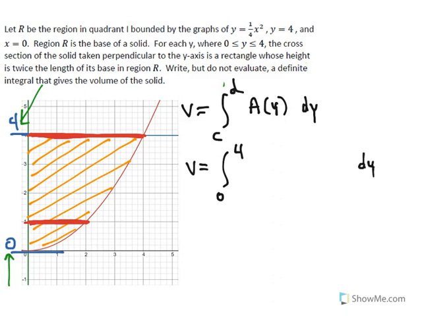So all we need is our integrand, which must be a function of y, and it needs to tell us the area of each cross-sectional surface, which we know from our problem statement will be a rectangle whose height will be twice the length of its base in the region. So we really need to find a function of y that will tell us the length of the base in region R.